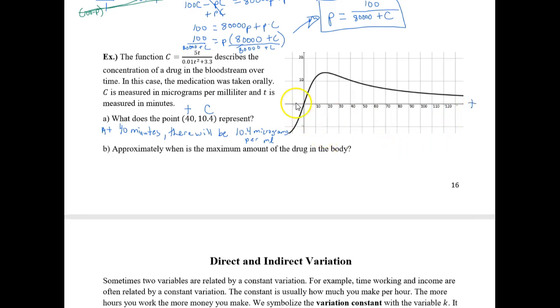So we want to know when this highest point is here. Somewhere about there. I bring it straight down. So maybe about 18 minutes, because we remember that time was in minutes. So this is just taking a rational equation and seeing if you can decipher what it means.